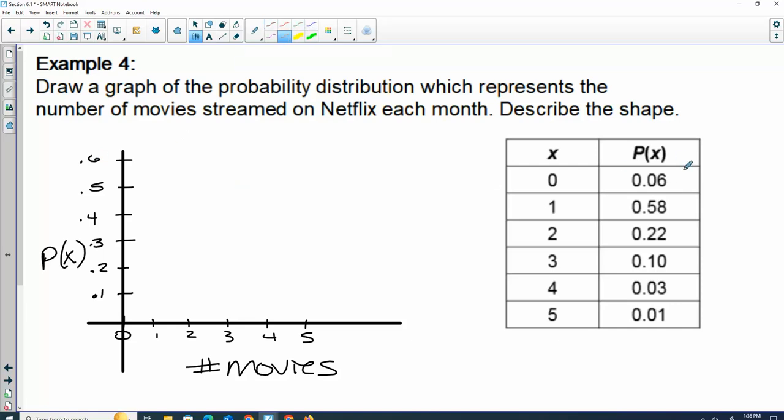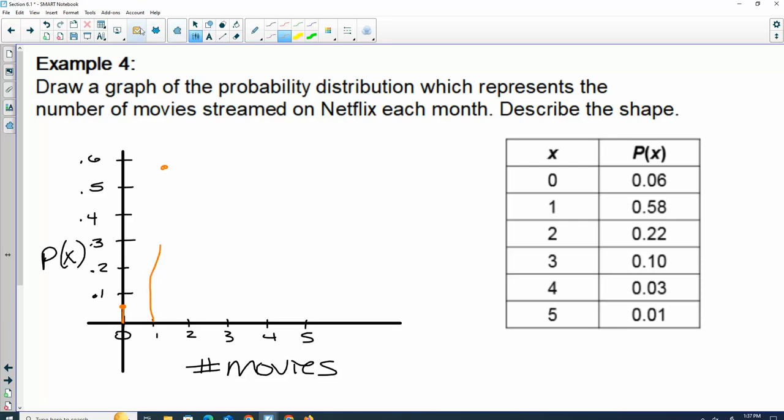And I'm just going to do a real basic graph. I'm just going to draw a line up to the amount. So 0.06, that will be about here. I'll just put a dot and draw a line going up to it. When X is 1, I have 0.58, so not quite.